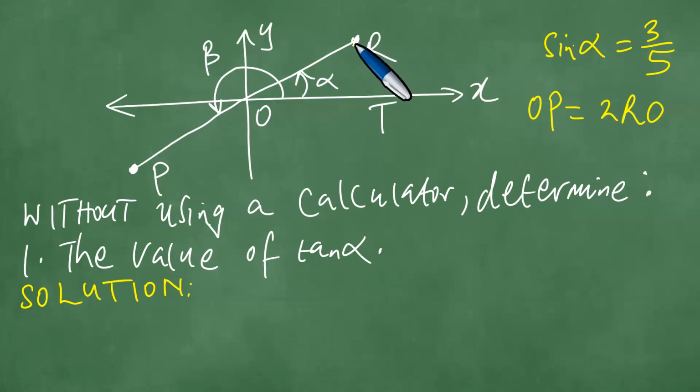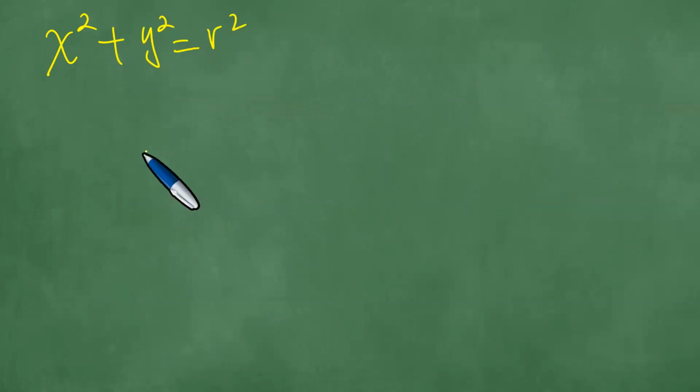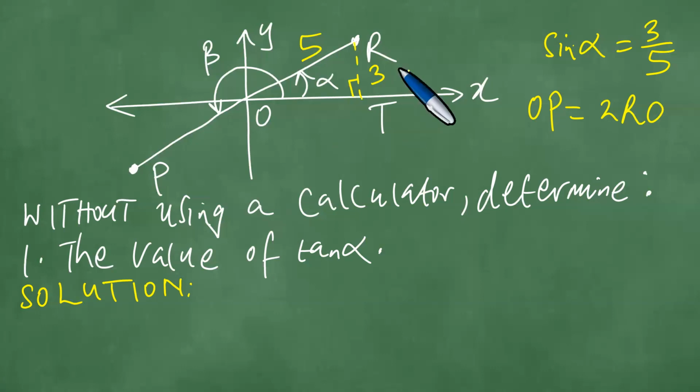So if you use Pythagoras theorem like this, you'll be able to see this angle is right, and this is exactly opposite of the hypotenuse, and therefore we have x squared plus y squared equals r squared. According to this diagram, this is y and that is r.